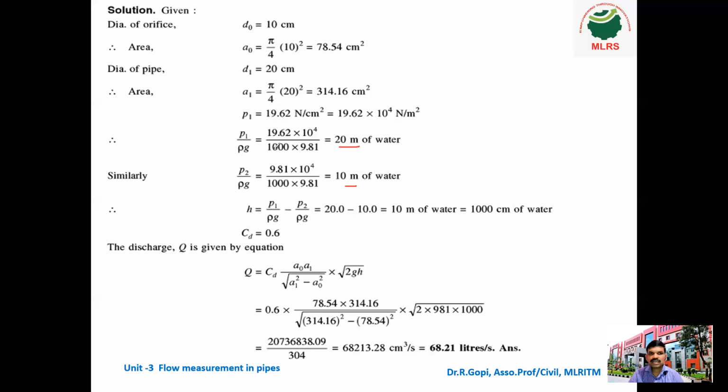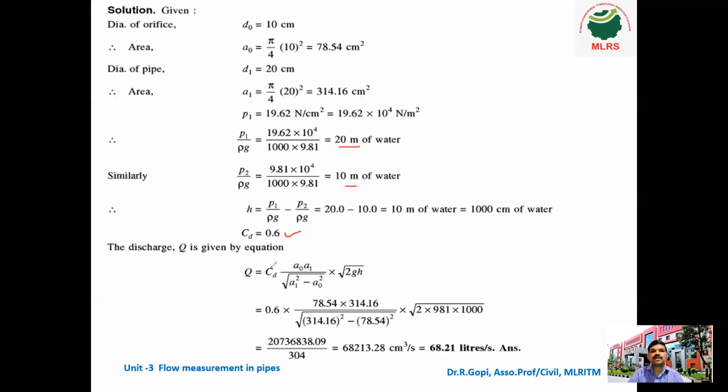If only pressure is given, you have to find the pressure head using this formula, P1 by rho G, P2 by rho G. If pressure head is given, it is very easy, just the difference, P1 by rho G minus P2 by rho G. So first understand the question, whether they have given pressure or pressure head. CD value is also given, 0.6.